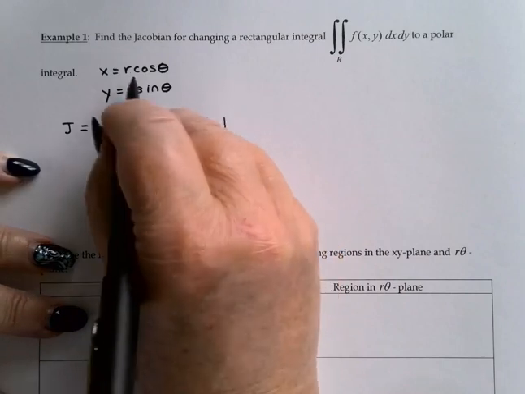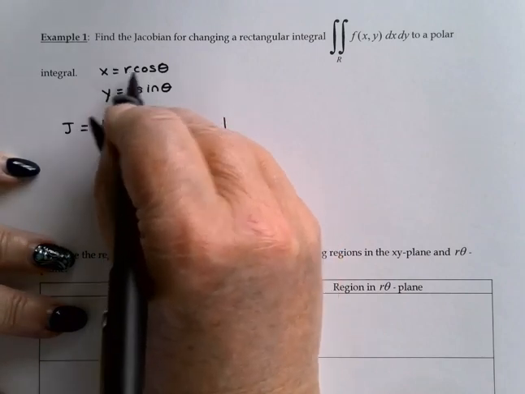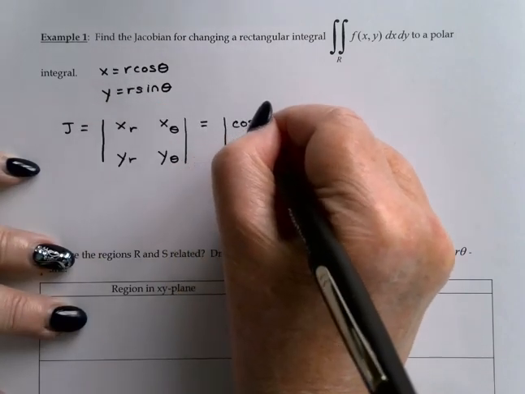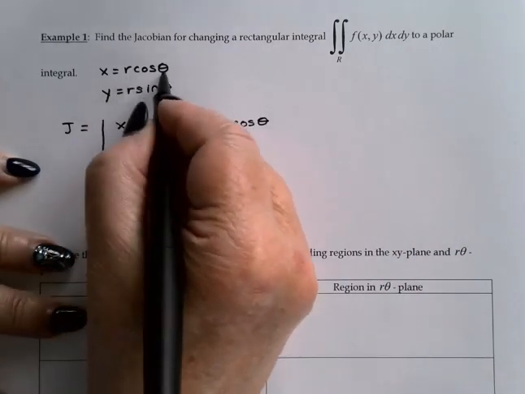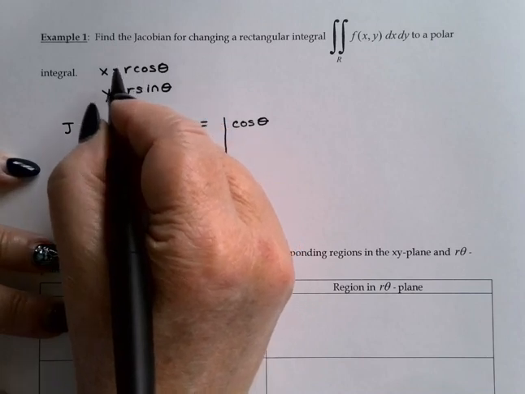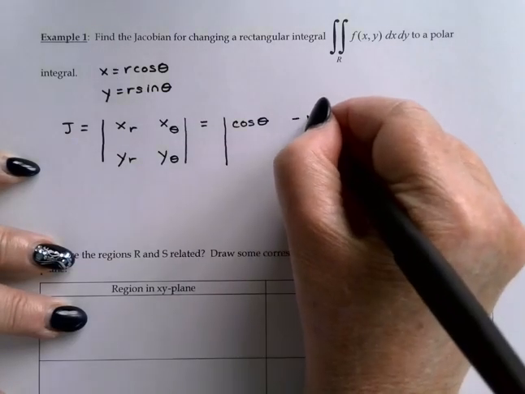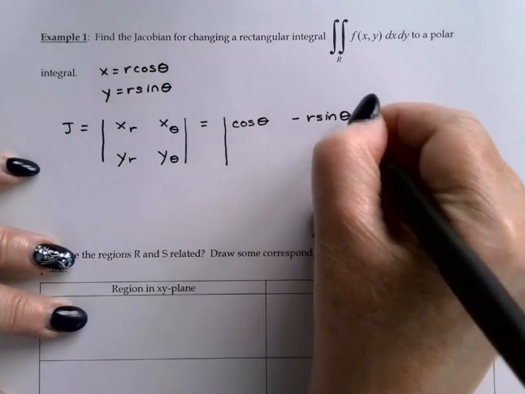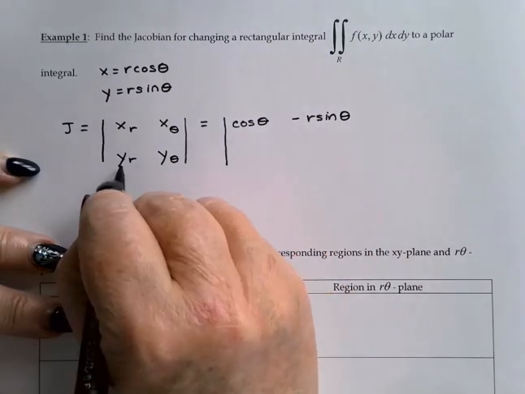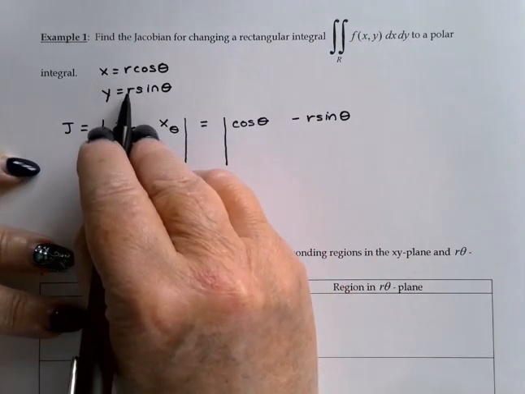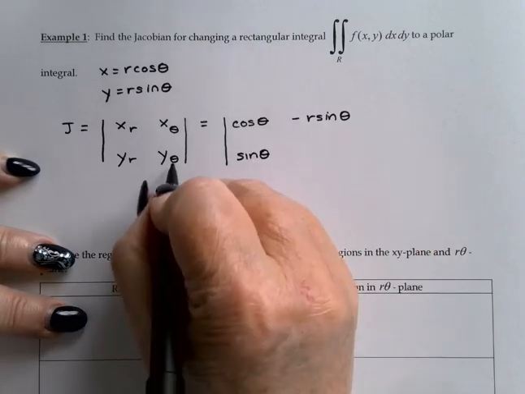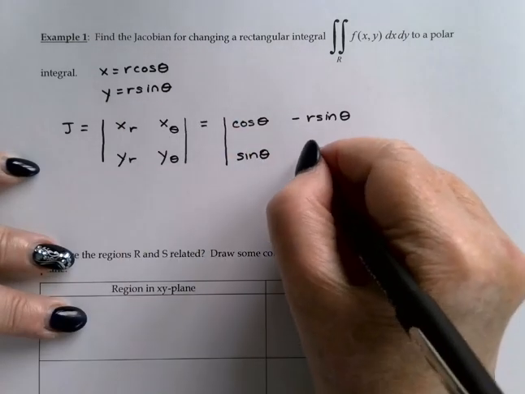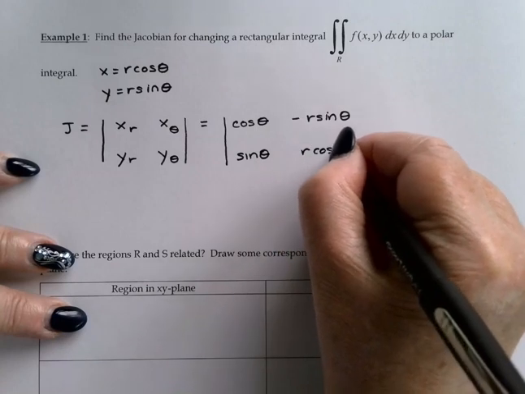The derivative of x with respect to r is just going to be 1 cosine theta. And the derivative of x with respect to theta is going to give me a negative r sine theta. Next row, y with respect to r is 1 sine theta. And y with respect to theta is going to be r cosine theta.